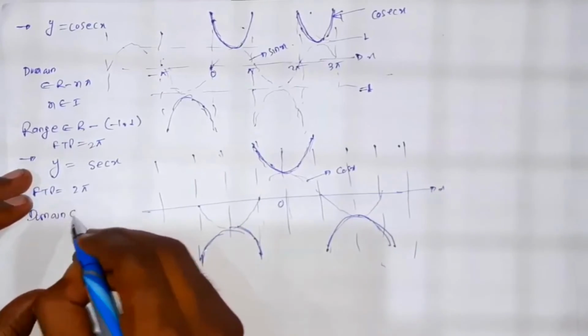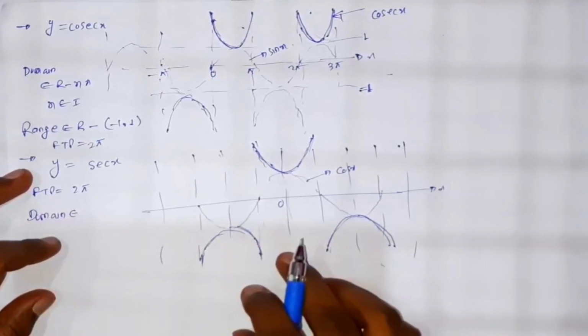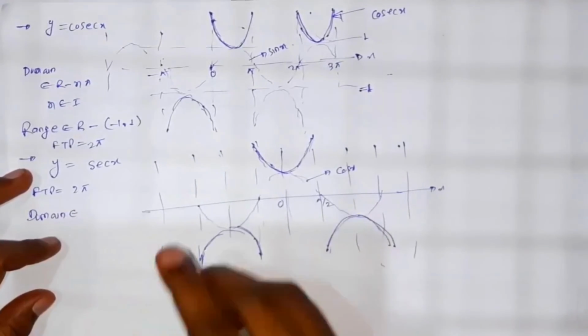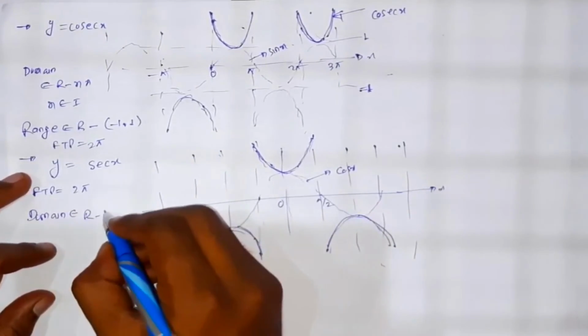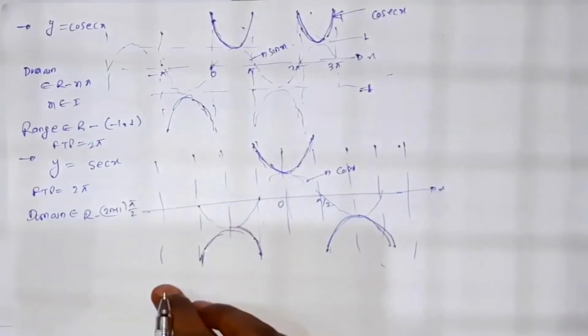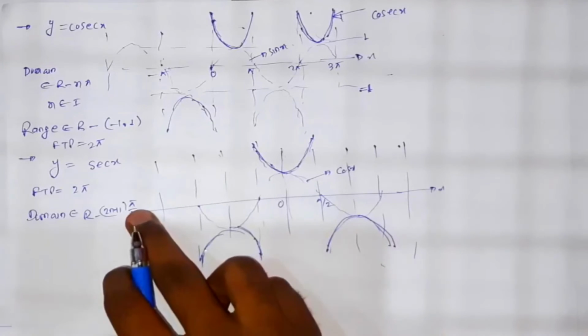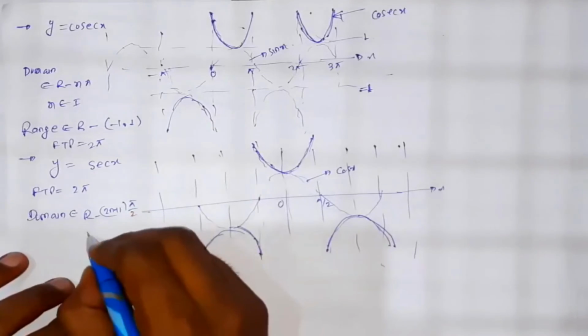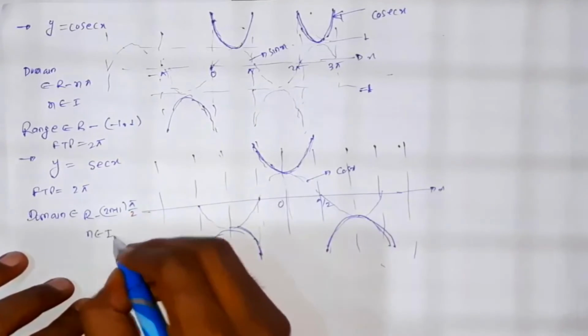The domain of this function will belong to real minus (2n plus 1) pi by 2. Here n can be an integer; if we put n equals 0, then what will happen? It will become pi by 2.